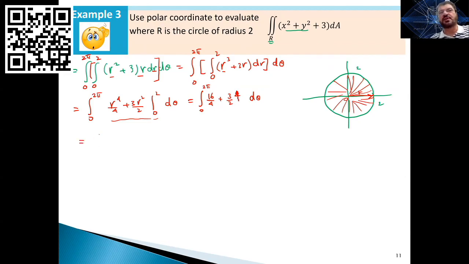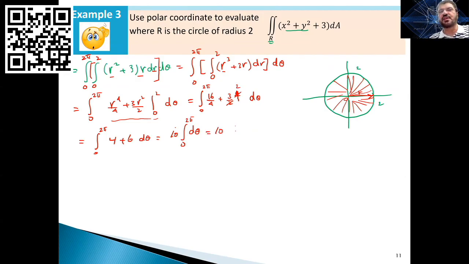And this is equal to the integration from 0 to 2 pi. 16 over 4 is 4. Plus this 2 goes with this one, you get 2 times 3 is 6, d theta, which is 10. The 10 goes out. The integration from 0 to 2 pi d theta.